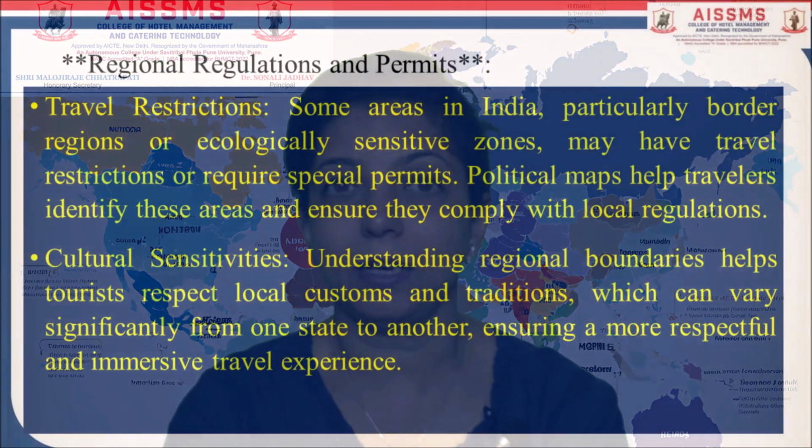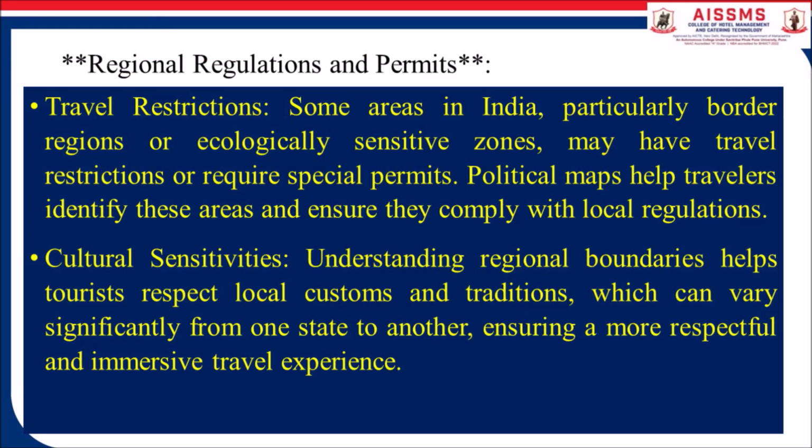Moving further, it is very important for a tourist to know the regional regulations or permits in the area that the tourist is planning to visit. Travel restrictions: some areas in India, particularly the border regions or ecologically sensitive zones, may have travel restrictions or may require certain permits.